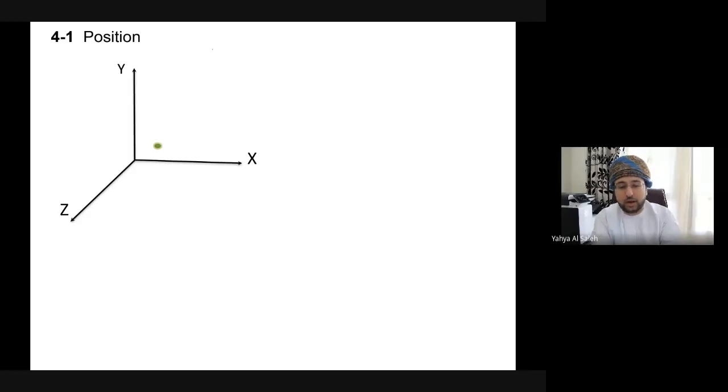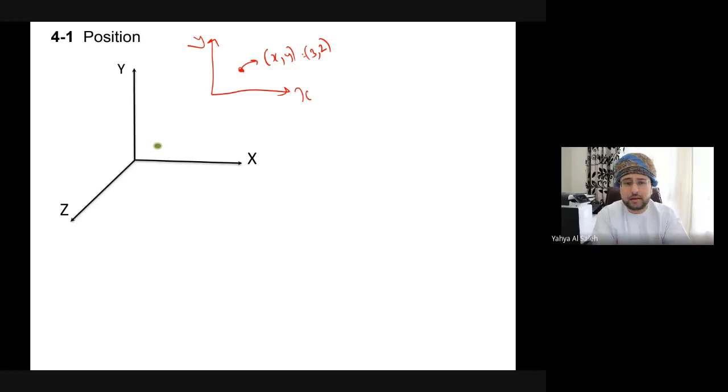Let's just speak x, y. If I have x, y, and a point here, at some point in school you learned that to describe this point, you give it an xy number, for example, 3, 2. This 3, 2 are its position on the x-axis and its position on the y-axis.